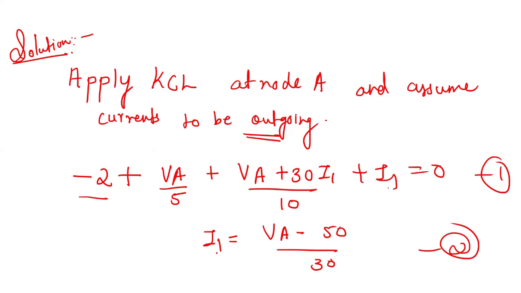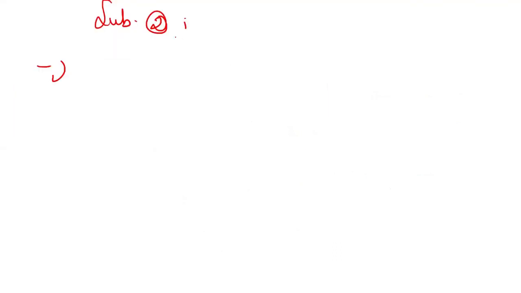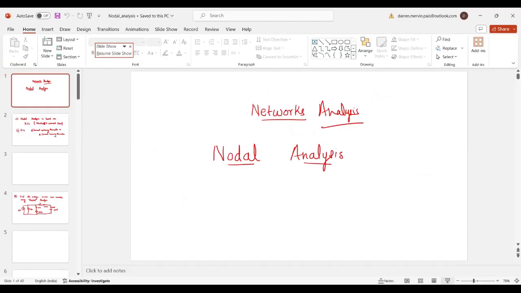If you substitute I1 over here, the entire equation will be in terms of VA. So what do I do? Substituting 2 in 1.